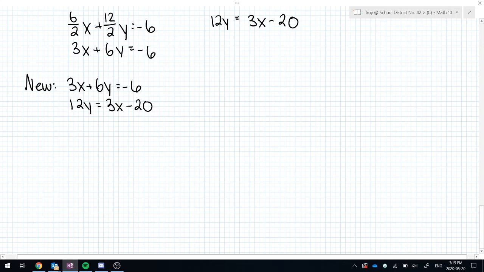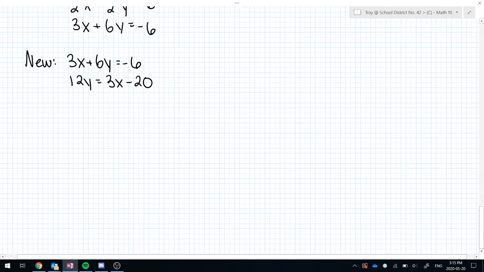I'll just isolate for x in the first equation, because I can see when I do that, I'm not going to have any fractions. Okay, so I'll take the first one, 3x plus 6y equals negative 6. I'm going to isolate for x, so I'm going to get that 6y out of the way. That's a positive 6y, so I'm going to subtract 6y from both sides.